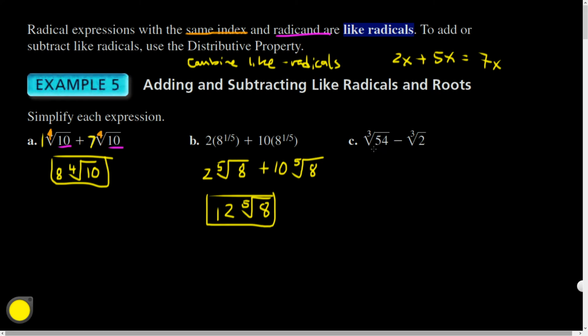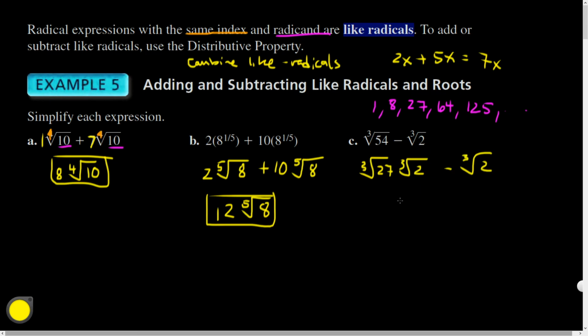Because this is a cube root, I should think about the perfect cubes. 1 cubed is 1, 2 cubed is 8, 3 cubed is 27, 4 cubed is 64, 125, etc. And I believe that 27 goes into the 54. So I'm going to break that apart, and that'll be the cubed root of 27 times the cubed root of 2 minus this cubed root of 2 still hanging out.